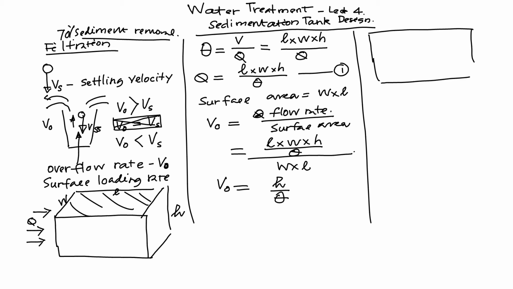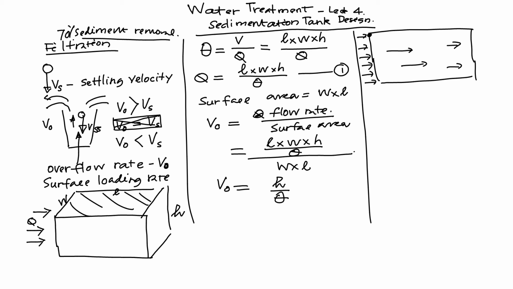Let's say a particle is entering at every depth. If you want to have all the particles removed in this sedimentation tank, you can imagine the particle going in at the top has a greater chance of escaping because the water is flowing this way.